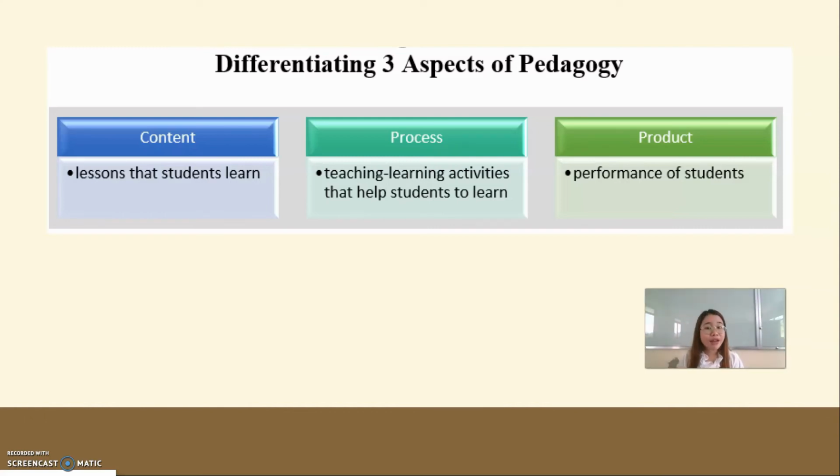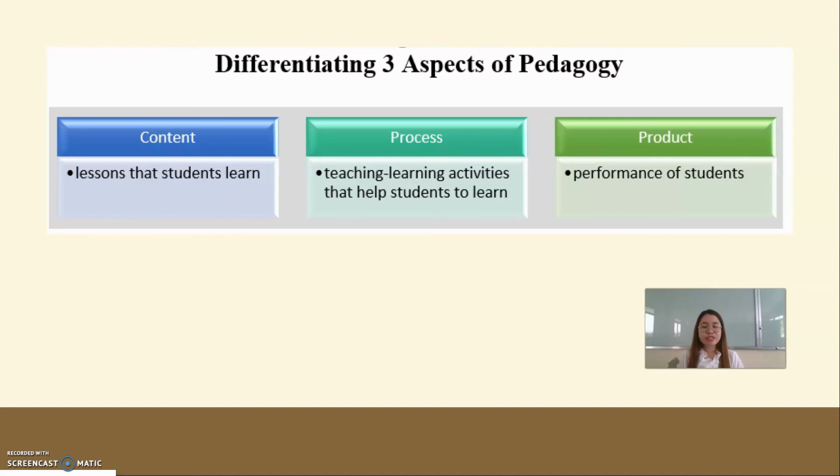We should vary the content that we give to them in differentiated instructional approach. And when we talk about the process, we must give them varied learning activities. And as for the product, we are also expecting them to provide different projects, different requirements.